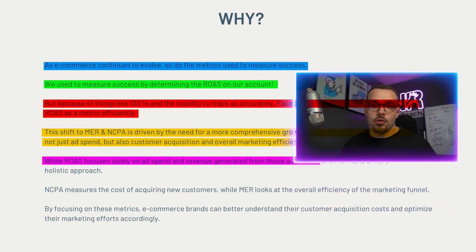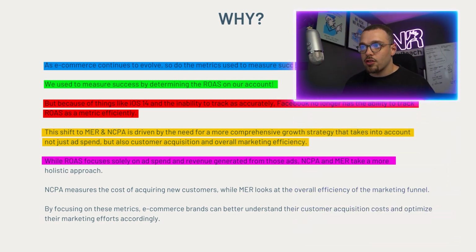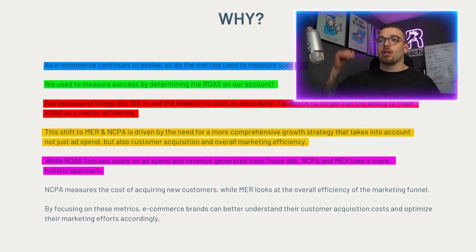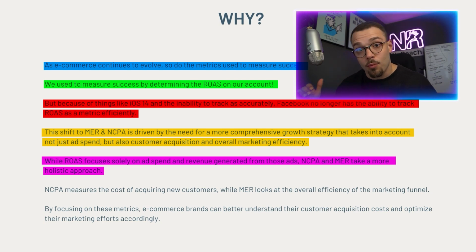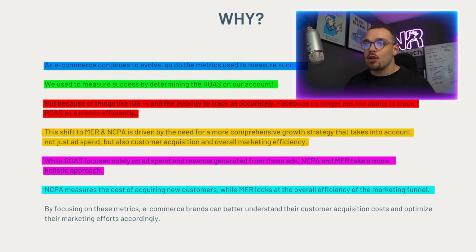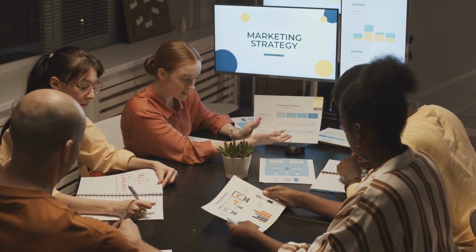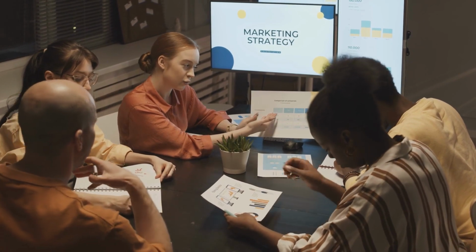The thing with return on ad spend, right, is it solely focuses on the ad spend and the revenue generated from those direct ads, whereas NCPA and MER take more of a holistic approach because we understand, especially at a 7 and 8-figure level, you can't just be looking at the one platform metrics because there's so many other things that are happening. So NCPA measures the cost of acquiring new customers, while MER looks at the overall efficiency of our entire marketing funnel.